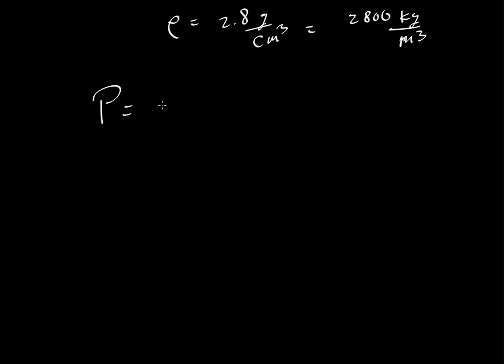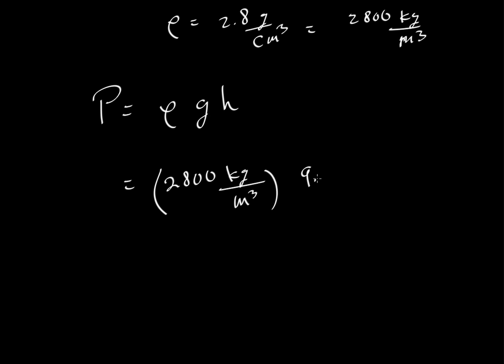So if pressure is equal to rho g h, then we would have pressure is equal to 2,800 kilograms per cubic meter, and then g will be 9.8 meters per second squared.